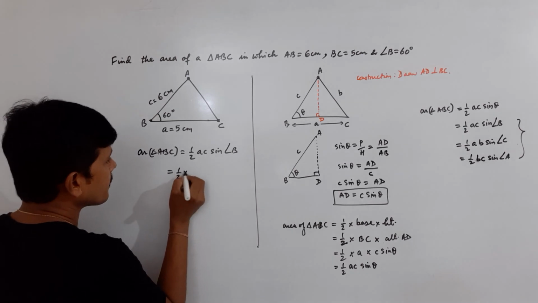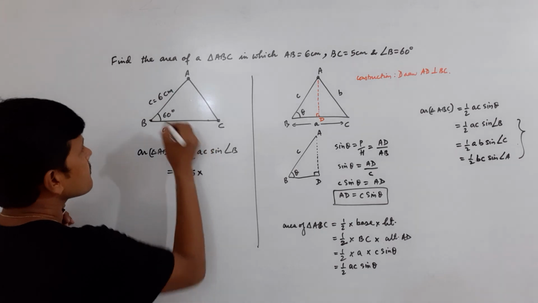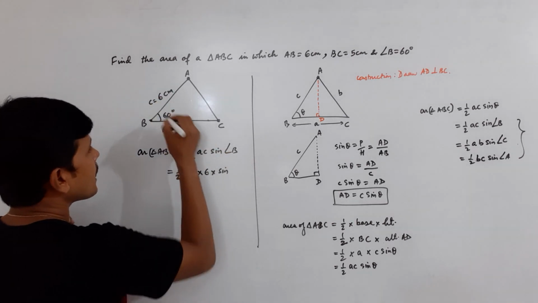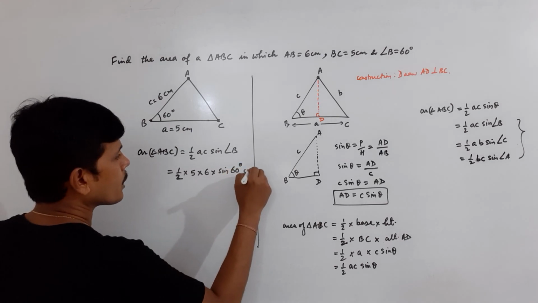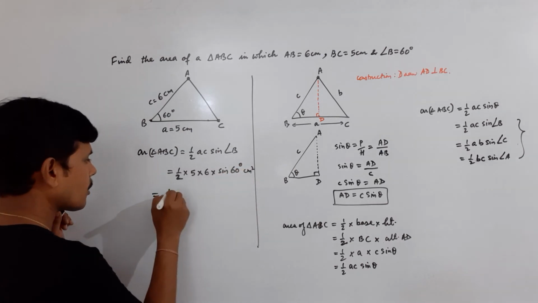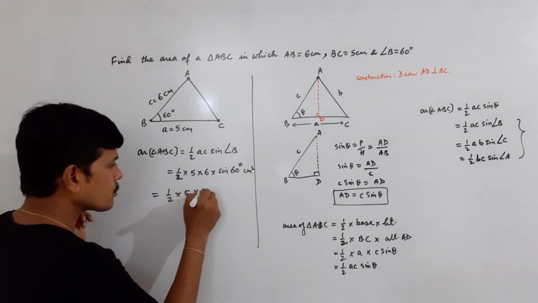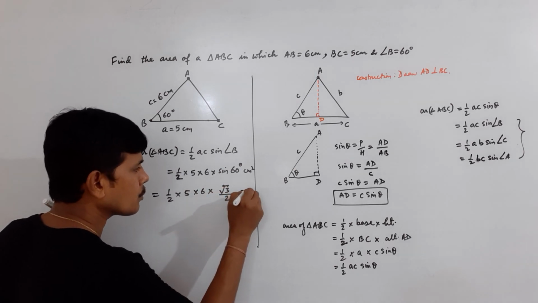Now let us plug in the values. Small a is equal to 5, c is equal to 6, and in place of angle B I am going to write 60 degree. And all together we are going to write centimeter square. Now let us calculate it. Half, this is 5 into 6, sine 60 degree equal to square root of 3 divided by 2.